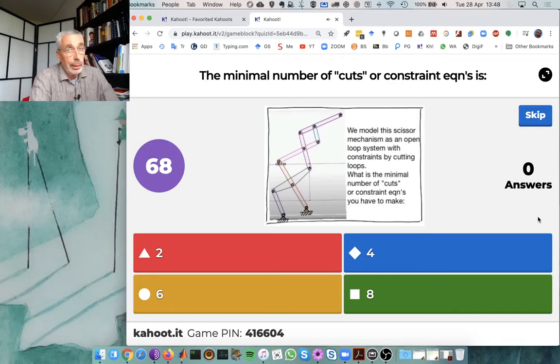Of course, you can make an indefinite number of cuts. Take your time, we still have 60 seconds.